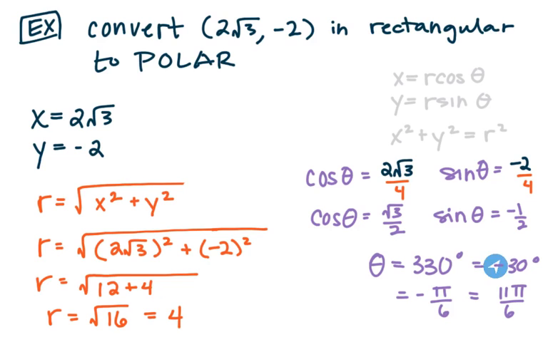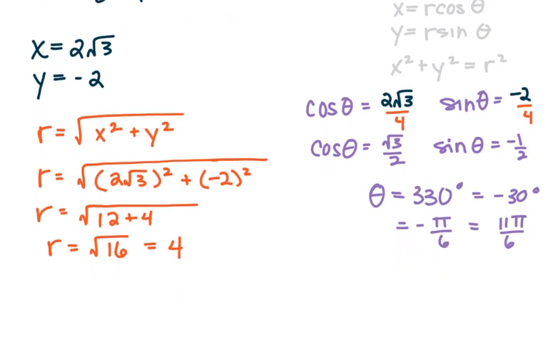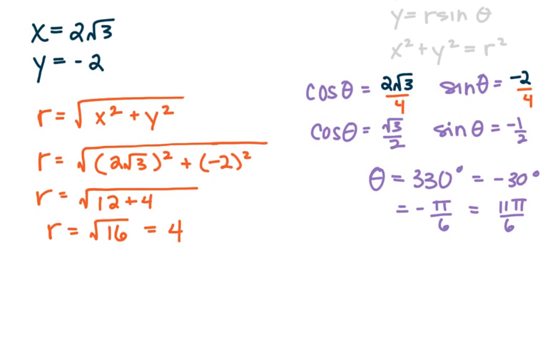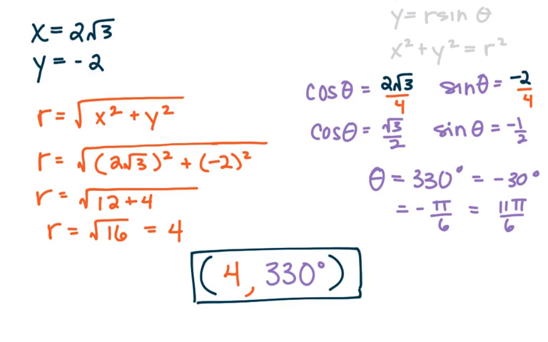All of these coterminal angles represent theta. So my new ordered pair is going to be 4 and 330 degrees. This is my polar (r, theta) that takes me to that same ordered pair in rectangular.